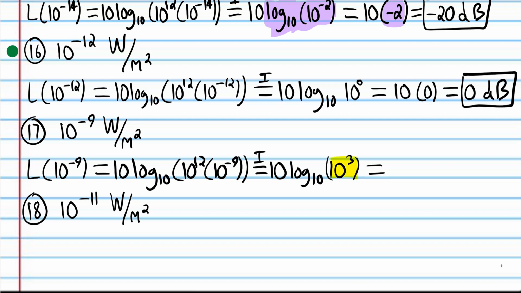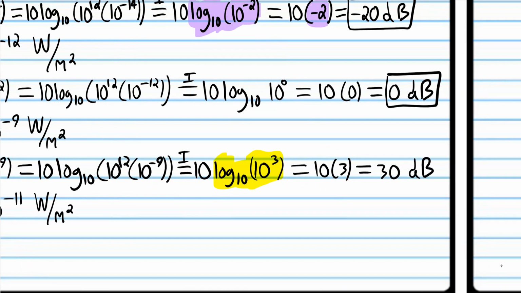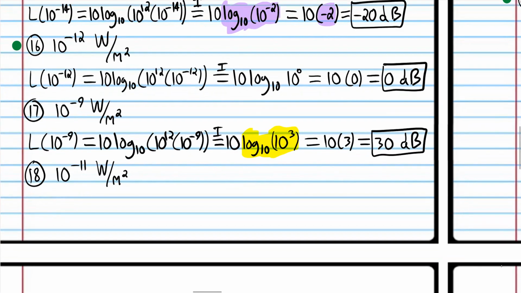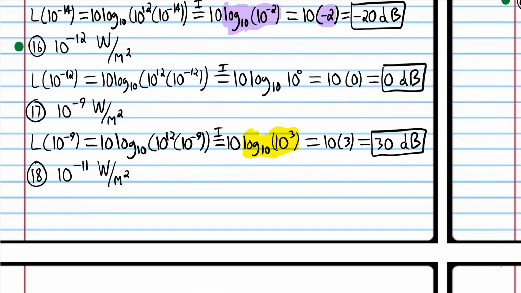And this entire logarithm becomes 3. So we have 10 times 3, which is 30 decibels.